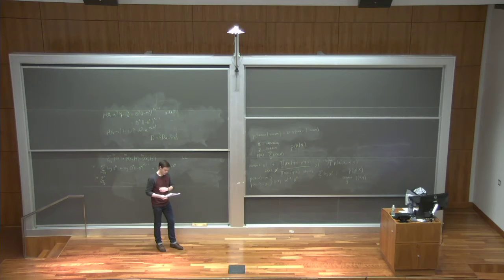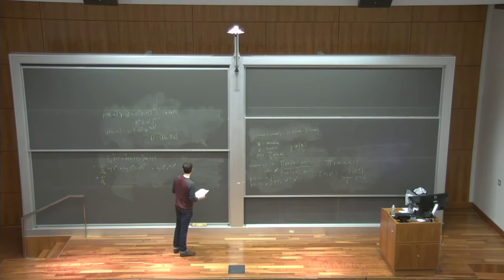So in order to find the maximum likelihood estimate for theta A and theta B, what we're going to do is take the partial derivative of the likelihood term.